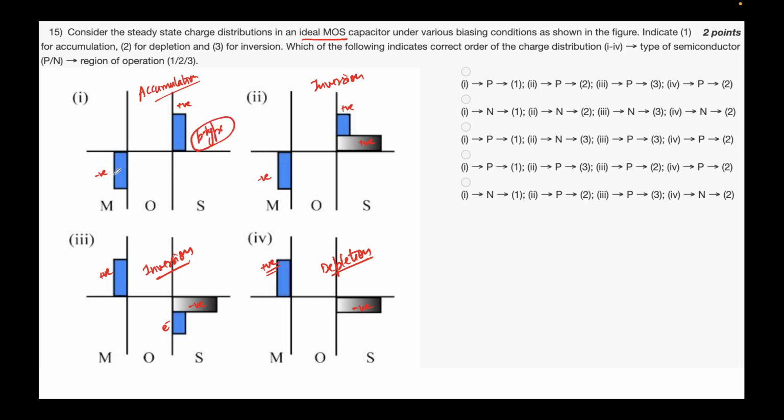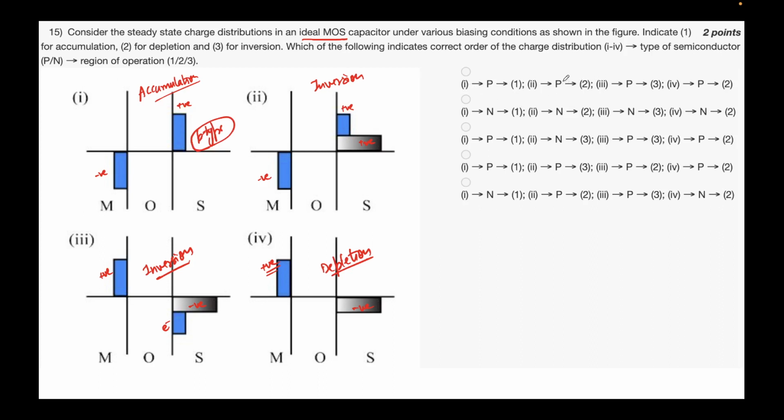So if you apply a negative charge on the metal, what's going to happen? A positive charge, which is majority here, the holes will get accumulated on the oxide semiconductor interface, right? So we know that this first charge plot, the diagram here, corresponds to p-type, and accumulation stands for number 1. So first p1.